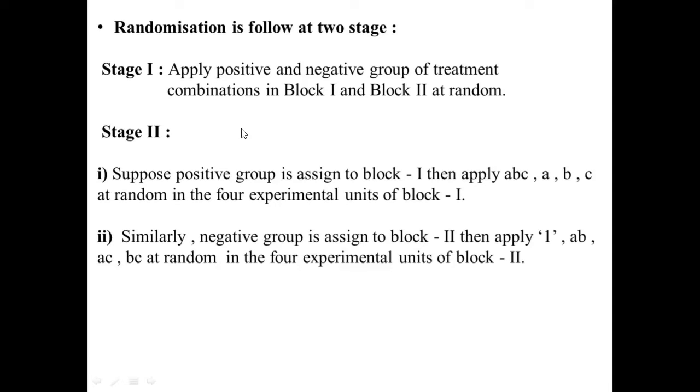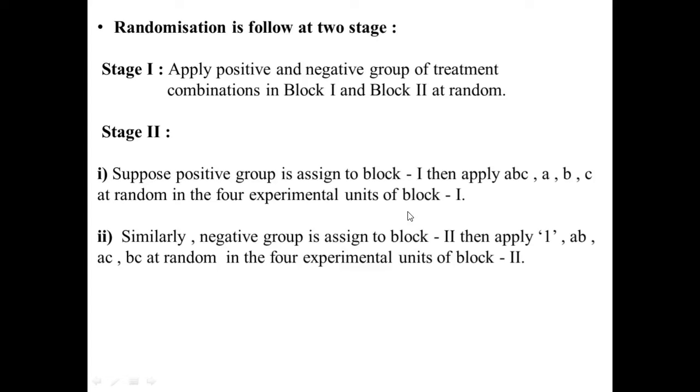What is the second stage of randomization? Suppose the positive group of treatment combinations is assigned to block 1. Then apply ABC, A, B and C at random in the 4 experimental units of block 1.